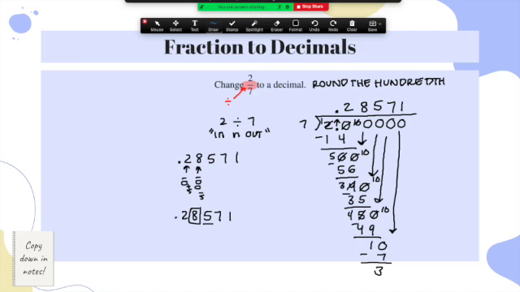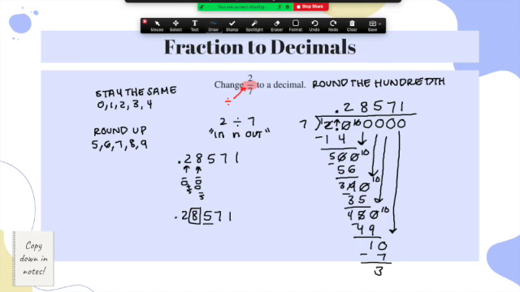And since the number to the right is 5, that means that I'm going to round up. So remember, if you're going to round up, that means that your numbers have to be 5, 6, 7, 8, and 9. If you stay the same, the numbers would be 0, 1, 2, 3, and 4.